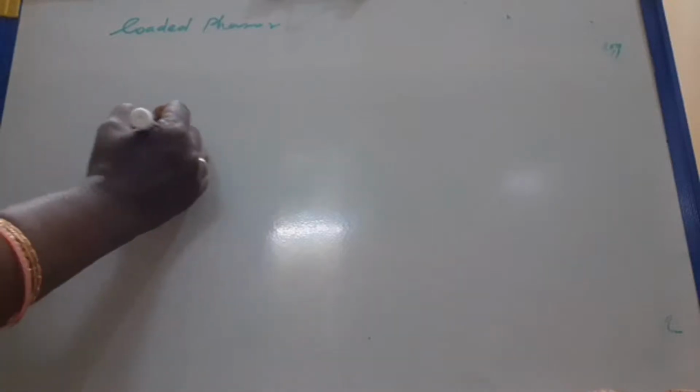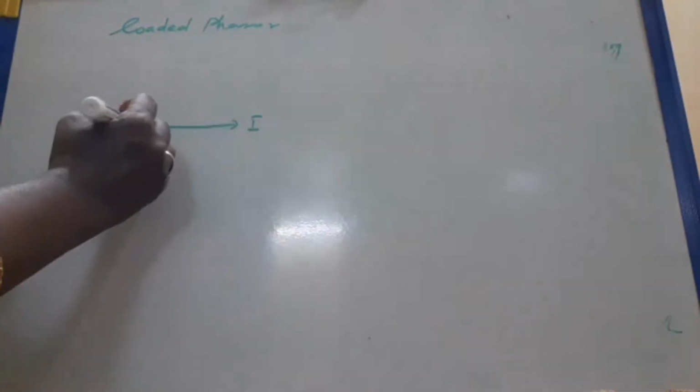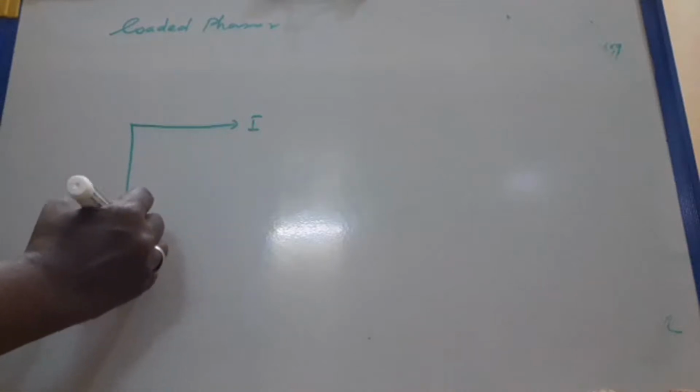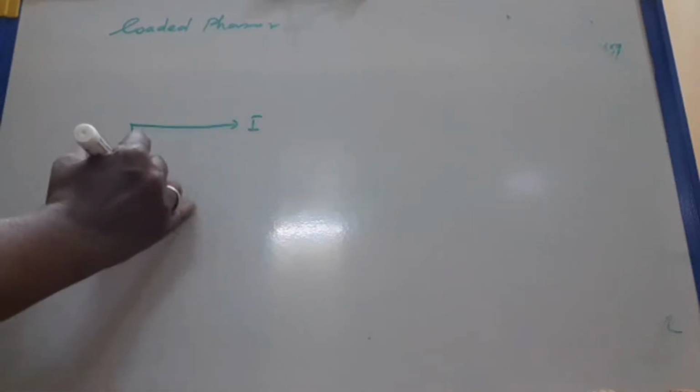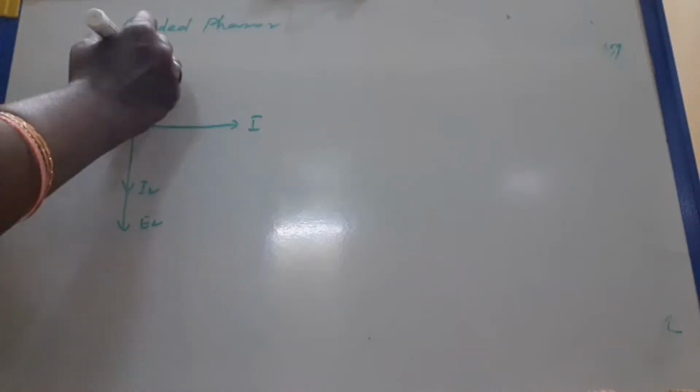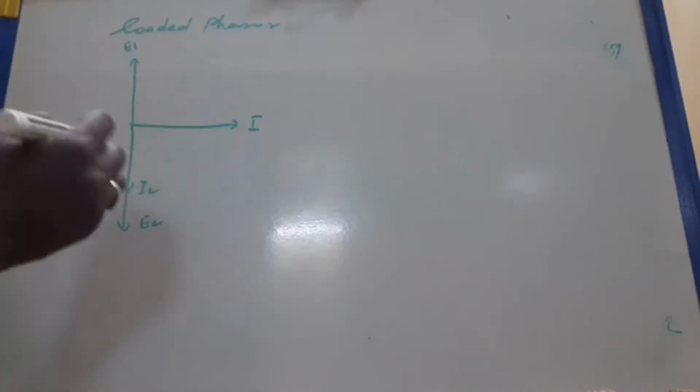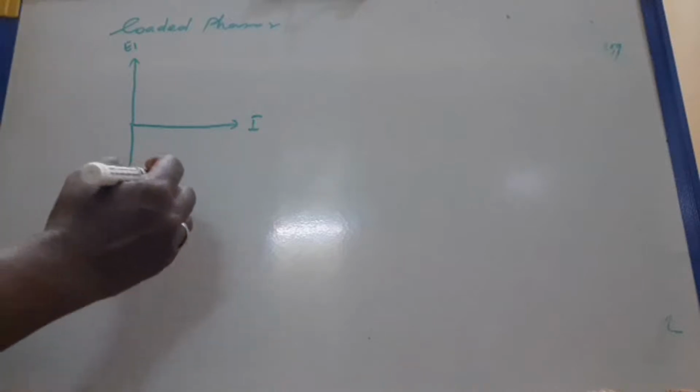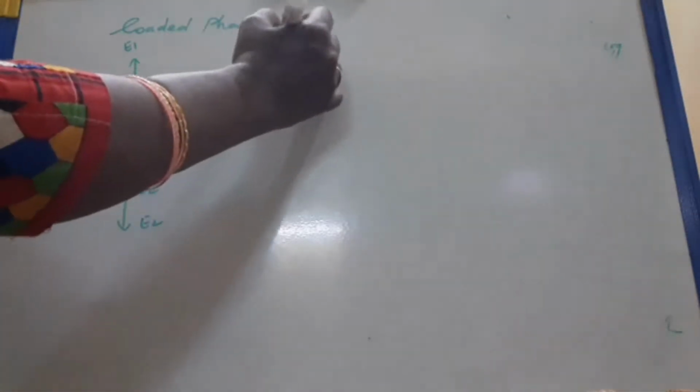Primary will be in the upward direction, secondary in the downward direction. We take I as the reference. First, we draw the secondary side: E2 and I2 will be in phase. Then we draw E1 on the primary side, and I2 R2. So we get the primary side.